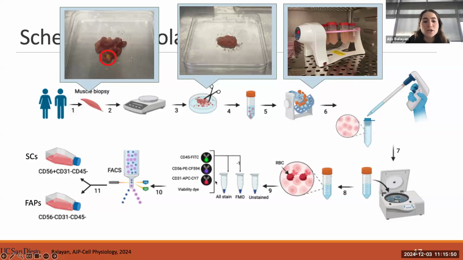I use these as exclusion markers. So I'm able to sort out the CD56 positive, CD31 negative, and CD45 negative population as my satellite cells, and the triple negative population, which would be enriched in fibroadipogenic progenitors and more fibroblast-like cells.